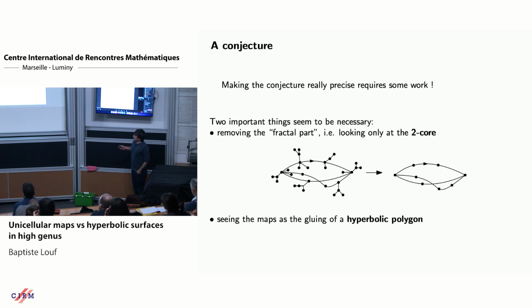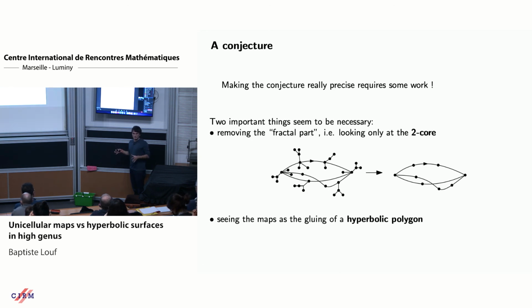The first thing is that we need to remove the fractal part. This is what a unicellular map looks like. It looks like a very regular thing, what we call the two-core, and attached to each vertex there are dangling trees.